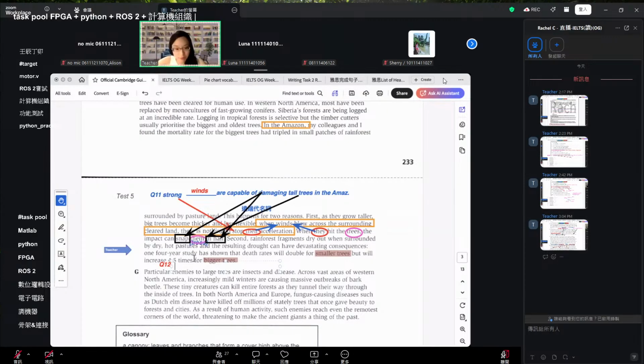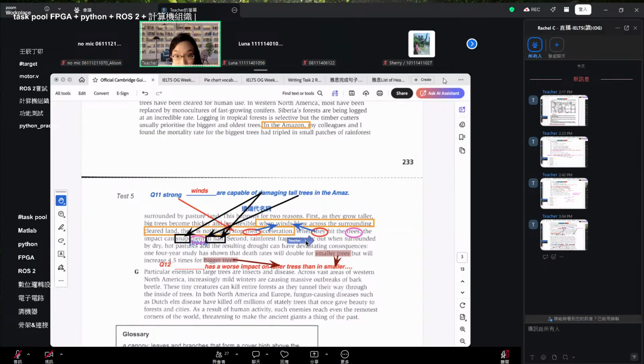Something has a worse impact than in smaller ones. So this one literally means smaller ones, the bigger trees meaning the tall trees. So what I need to look for is something, which is a singular noun, has a worse impact.